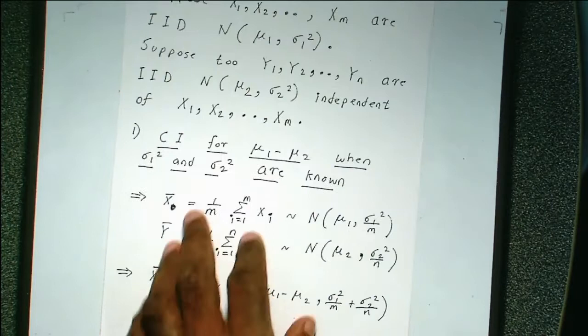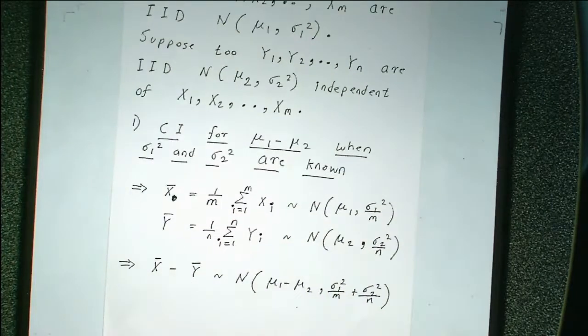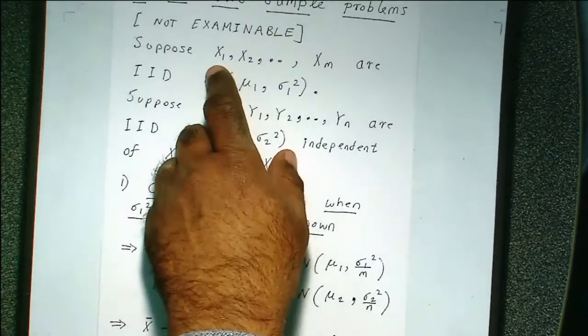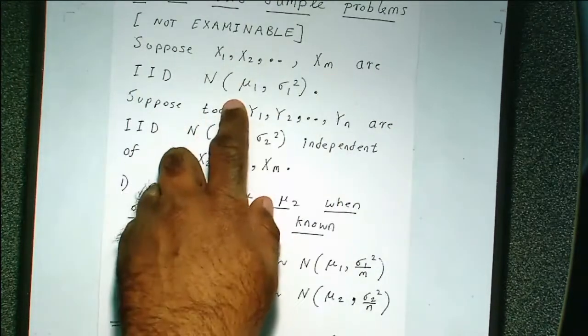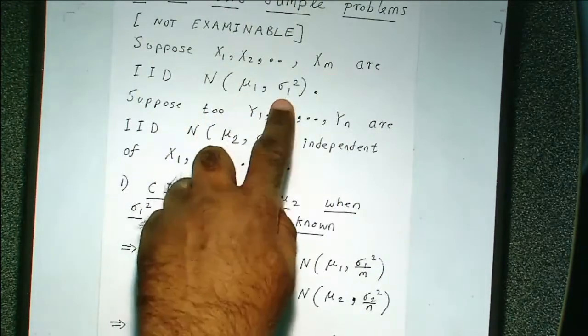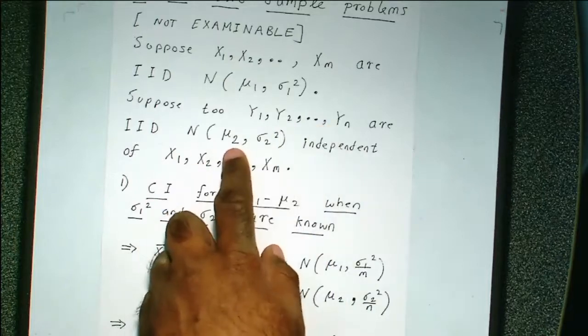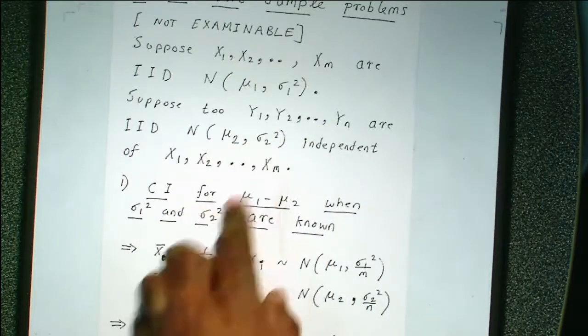Okay, guys. So the first thing I talked about is when you have two samples, so sample x1 to xm from a normal population with this mean and this variance, another sample from another normal population with this mean and this variance.